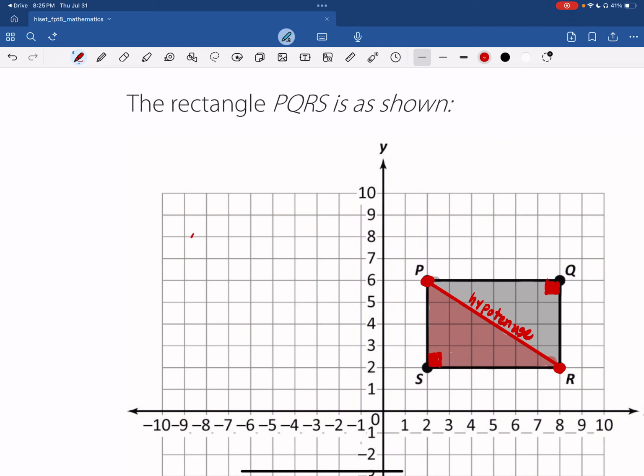And the guy who talked about hypotenuse was Pythagoras, and it's his theorem that I need to use. So Pythagoras said that a squared plus b squared will always give you c squared, and that diagonal is the c. So we need to come up with an a and a b, and we can solve this problem.